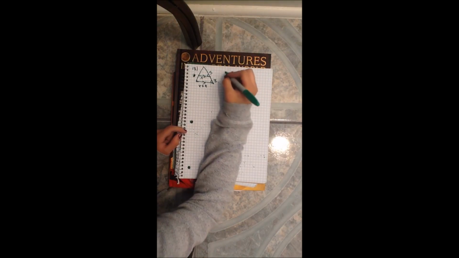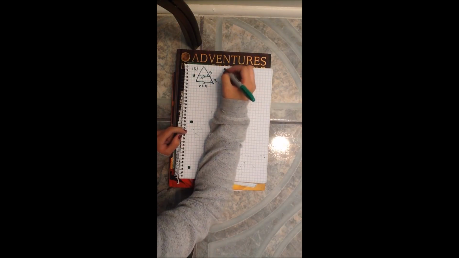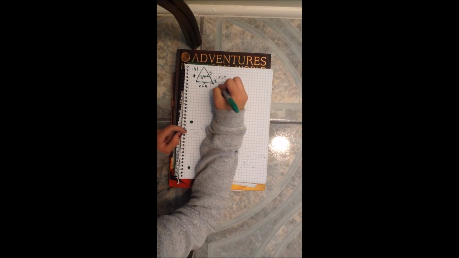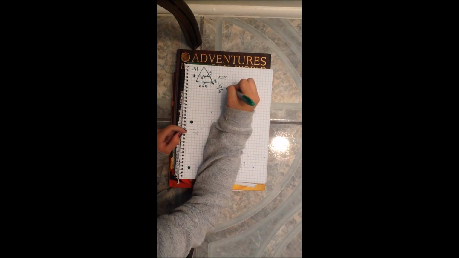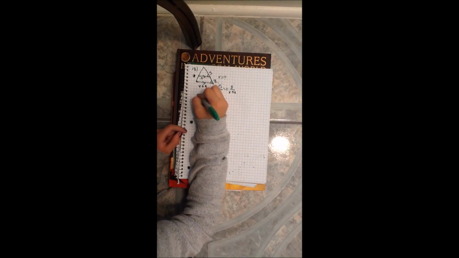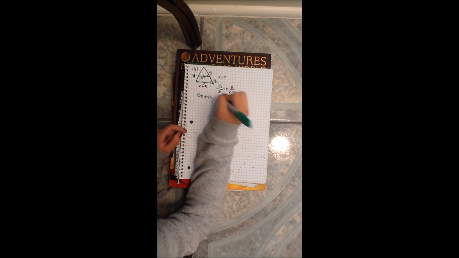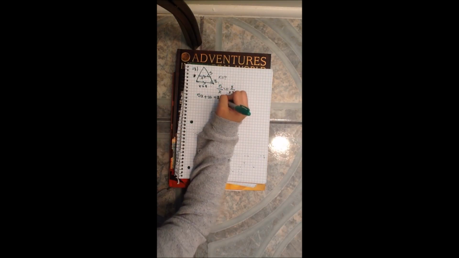So to find x, it would be 5 over x equals 8 over x plus 4, and then you cross multiply, so it would be 5x plus 20 equals 8x.